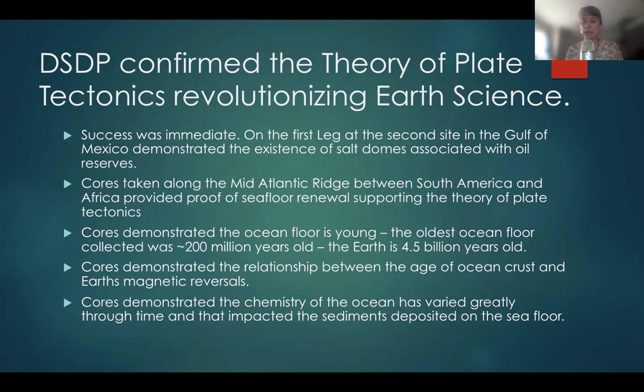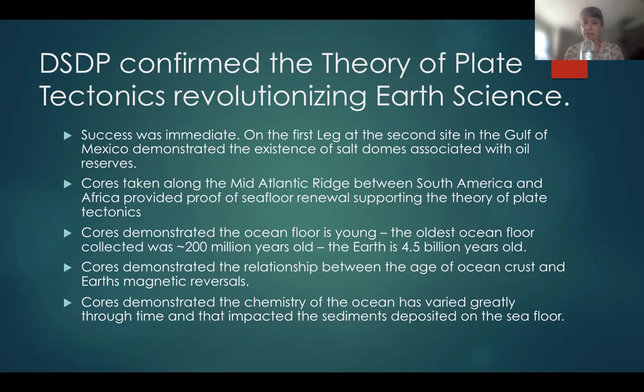But they started taking cores around the world. They took cores along the Mid-Atlantic Ridge between South America and Africa, and they were able to provide proof that the seafloor was being made at the Mid-Atlantic Ridge, just as Marie Tharp had predicted, which strengthened the theory of plate tectonics.